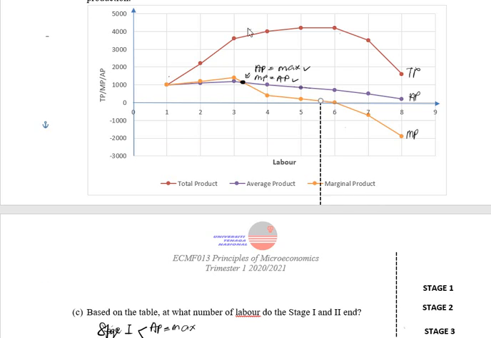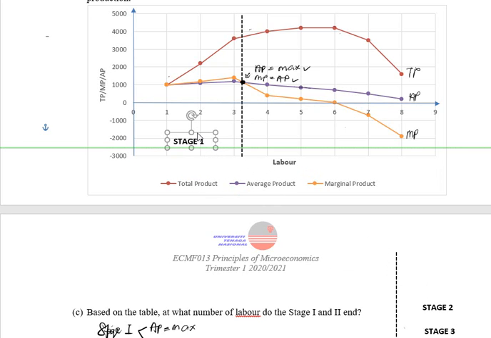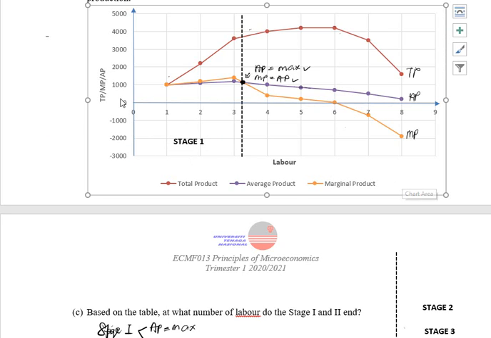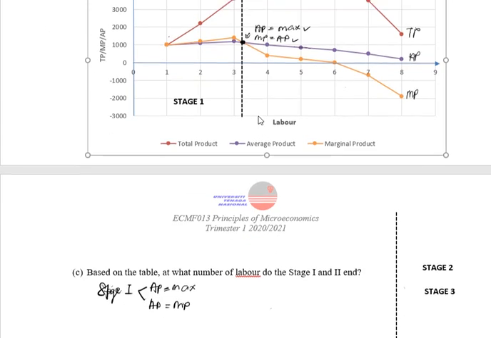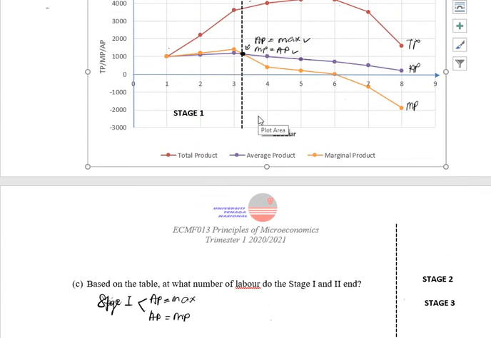So you draw a line at that intersection between MP and AP, and you label the first stage as stage 1. That is your stage 1, from 0 until 3 number of labour. So stage 1 will end when the number of labour is 3.